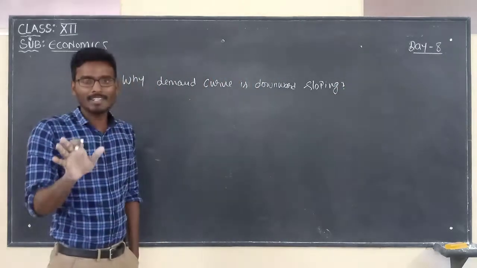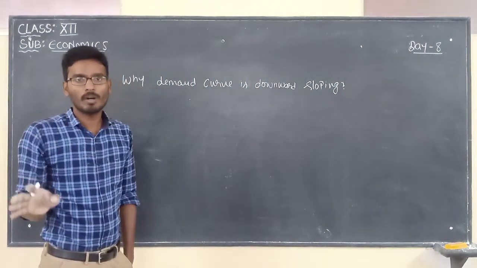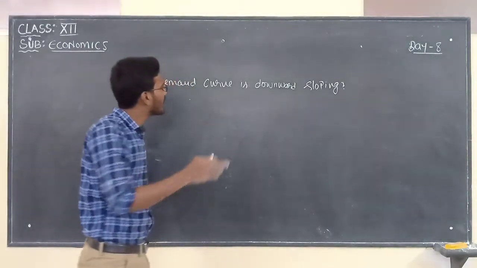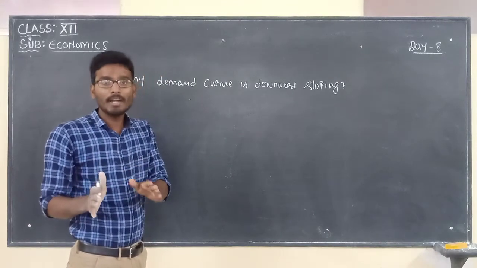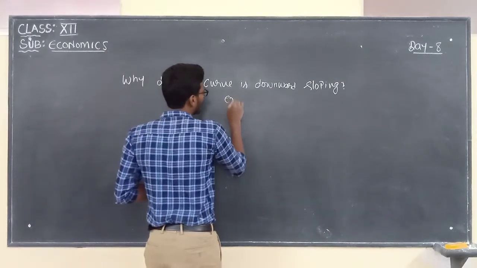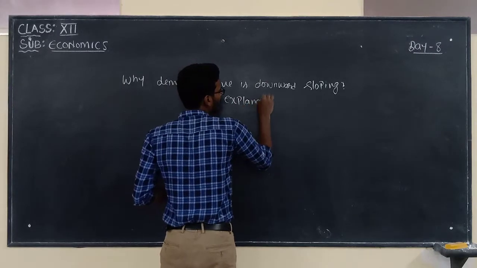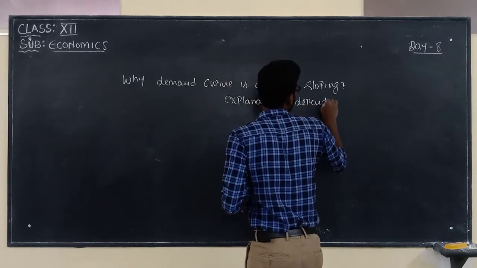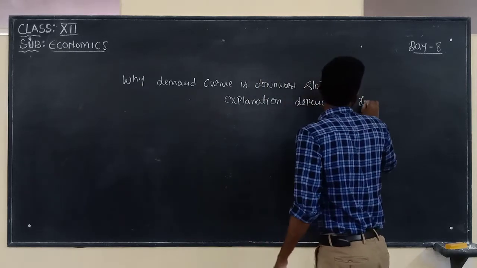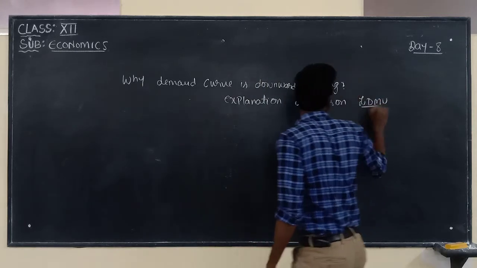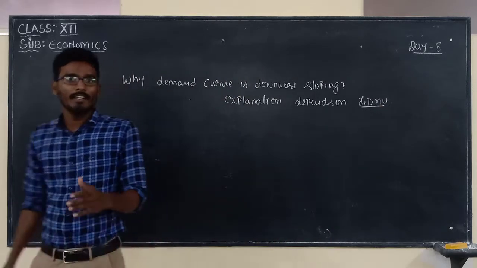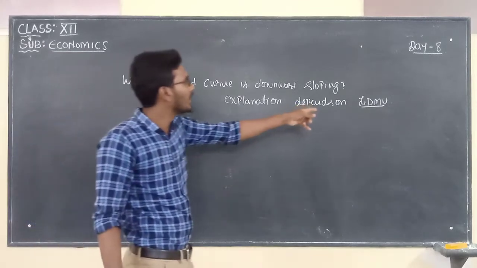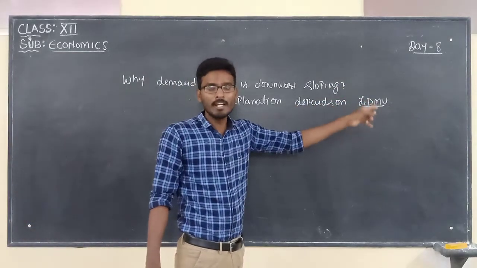The reason and explanation for the demand curve being negative or downward sloping depends upon the law of diminishing marginal utility.